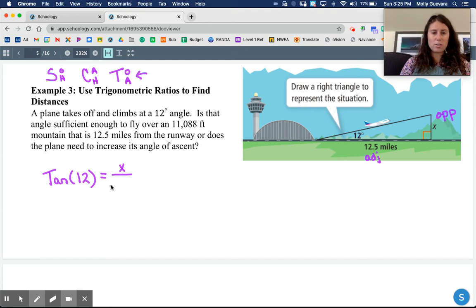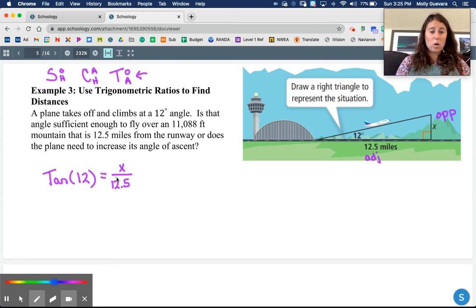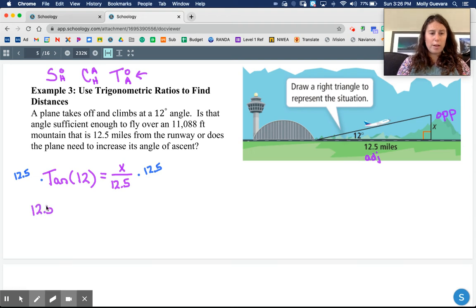My adjacent side is 12.5. And this is just something that I'm going to want to solve for. I want to get the x by itself. Okay, so right now the x is being divided by 12.5, so I'm going to multiply both sides by 12.5. That ends up canceling these guys out. And it leaves me with 12.5 times tangent of 12 degrees equals x.